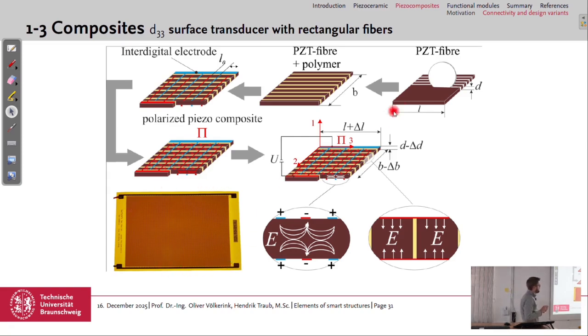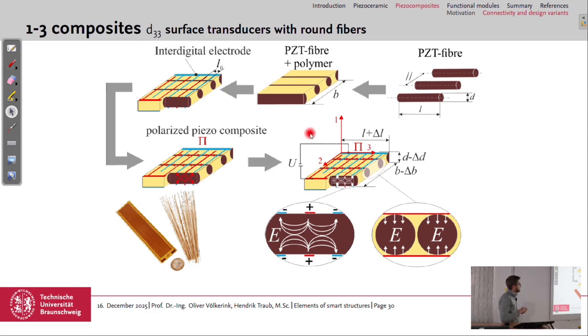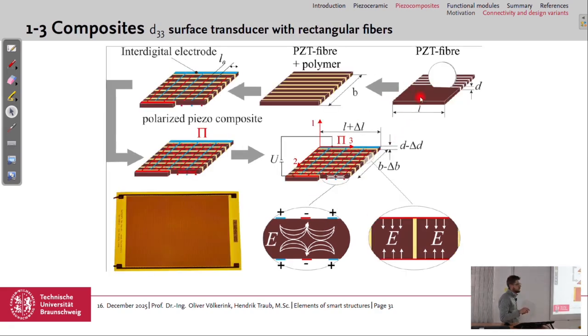What could be the benefit of rectangular fibers compared to round fibers? What do you think? Yeah? Less fibers, yeah. I would say it's easier to manufacture, because round fibers have to be fixed during production, otherwise they would roll away, and rectangular fibers stay better in place if you place them next to each other.